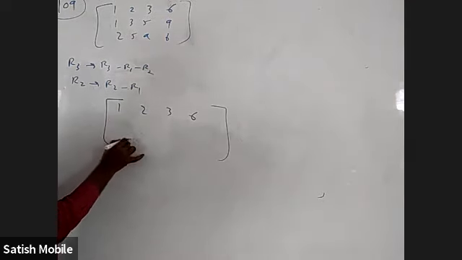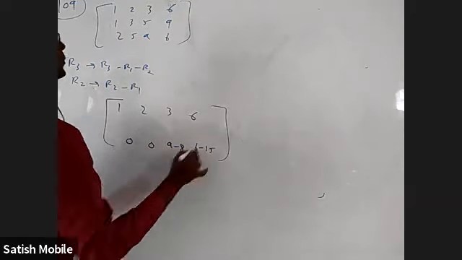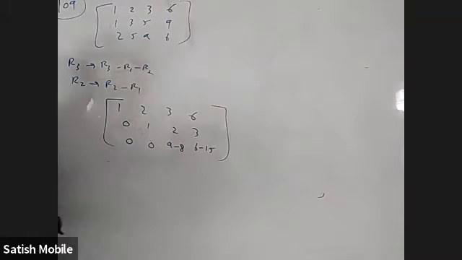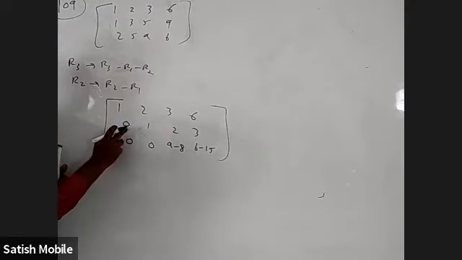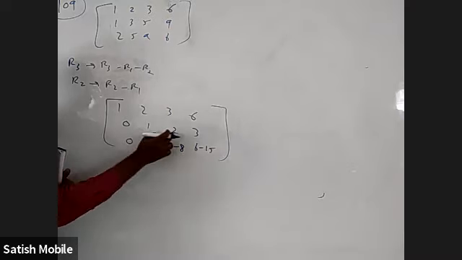First, let me write this 0, 0, A minus 8, B minus 15. This is 0, 1, 2, 3. Converting the second row to 0 is also important because sometimes you may get all 0, still it may be no solution because of this.